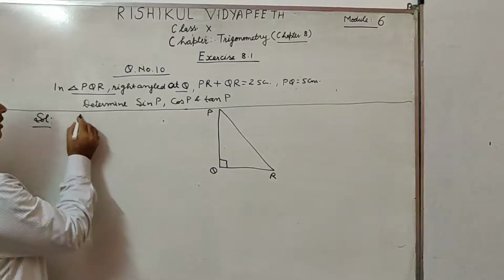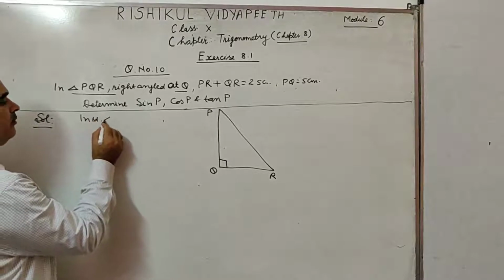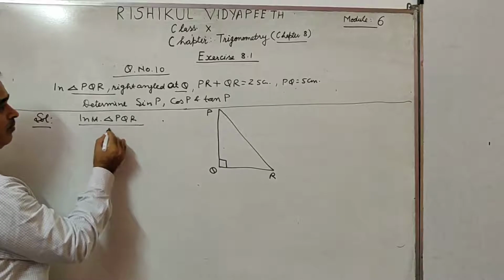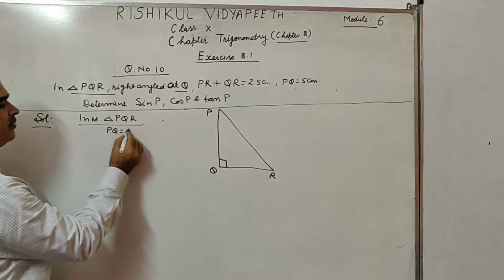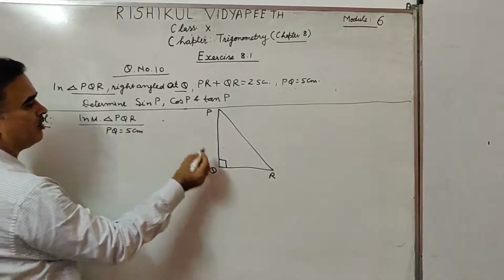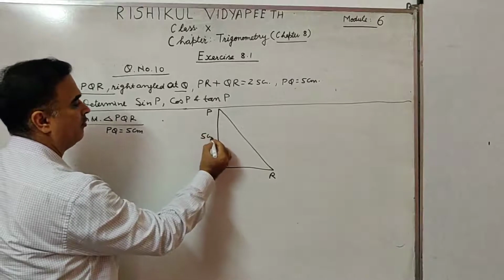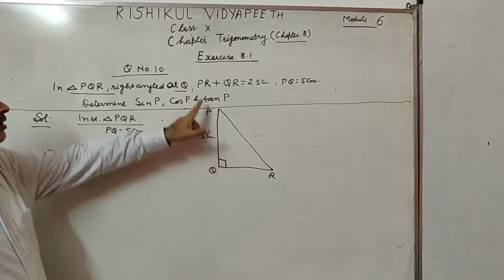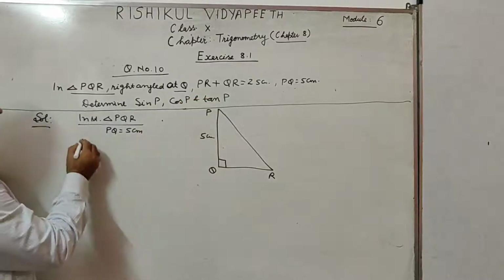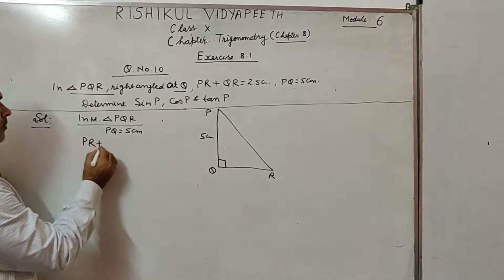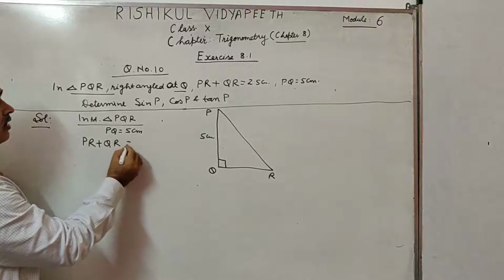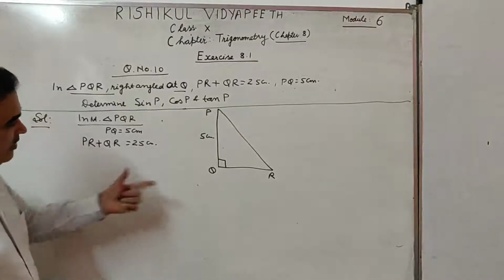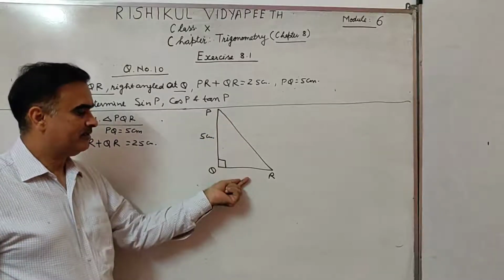Here what is given in right triangle PQR, PQ equal to 5 centimeter. You show in your figure also, this PQ is 5 centimeter. PR plus QR equal to 25 centimeter. It is the sum of these two sides.